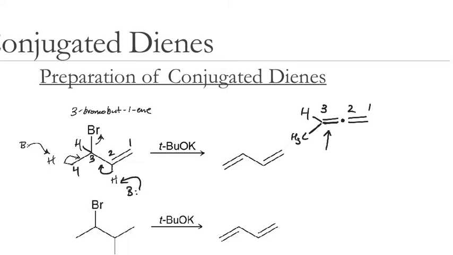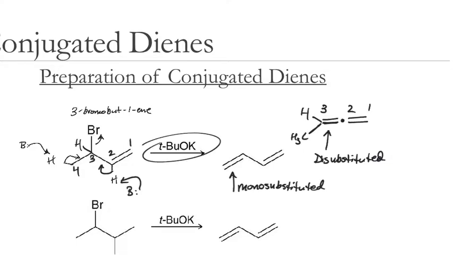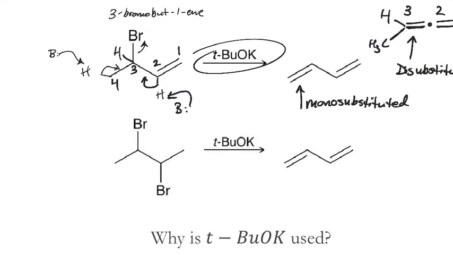This double bond is di-substituted, whereas this one right here is only mono-substituted. So you might think the cumulated diene would be better, and maybe it is. But specifically they're going to choose the tert-butoxide there to prevent the formation of that cumulene and instead have the conjugated diene.